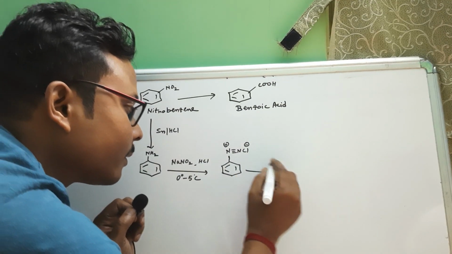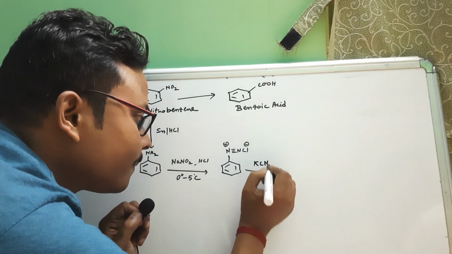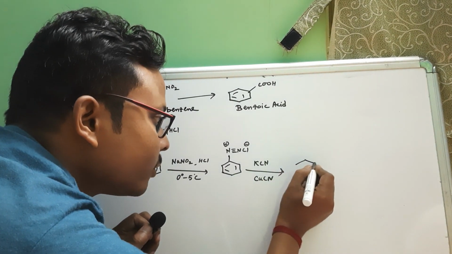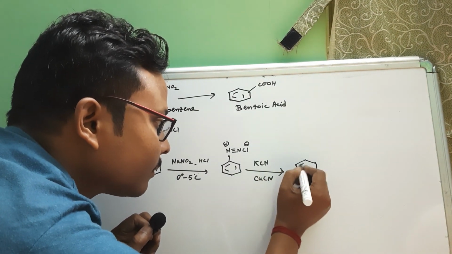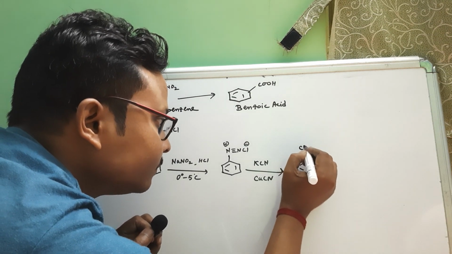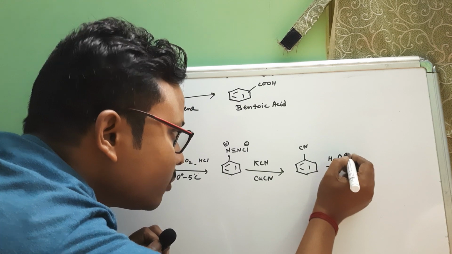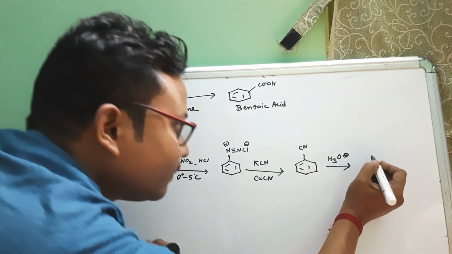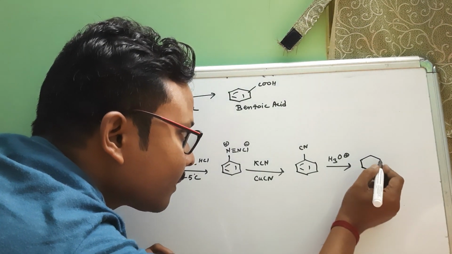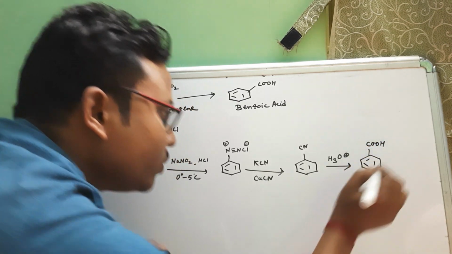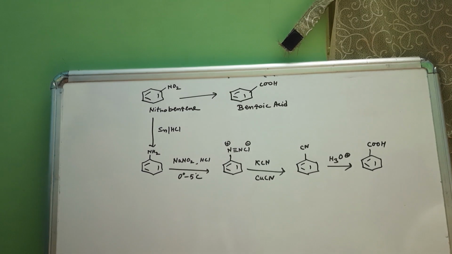Then use CuCN, so cyanobenzene. Once you get cyanobenzene, then hydrolysis by means of H3O plus, you can get benzoic acid.